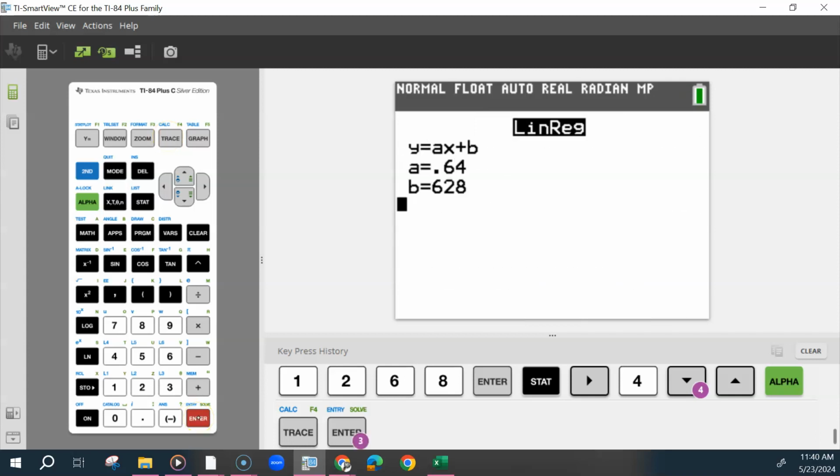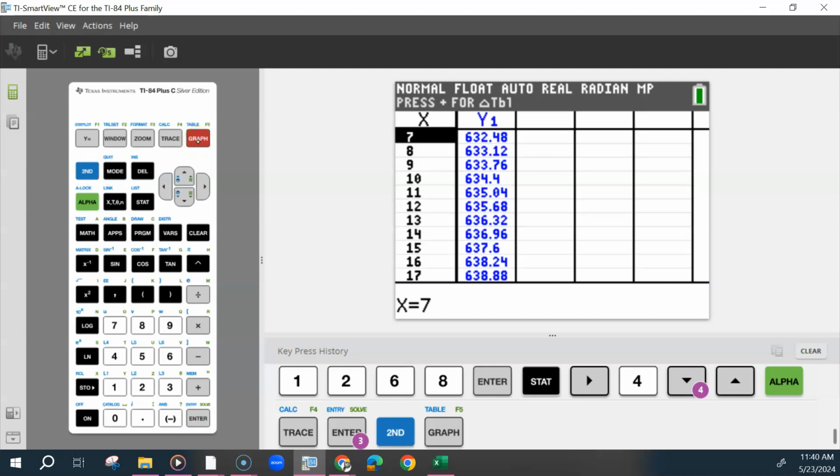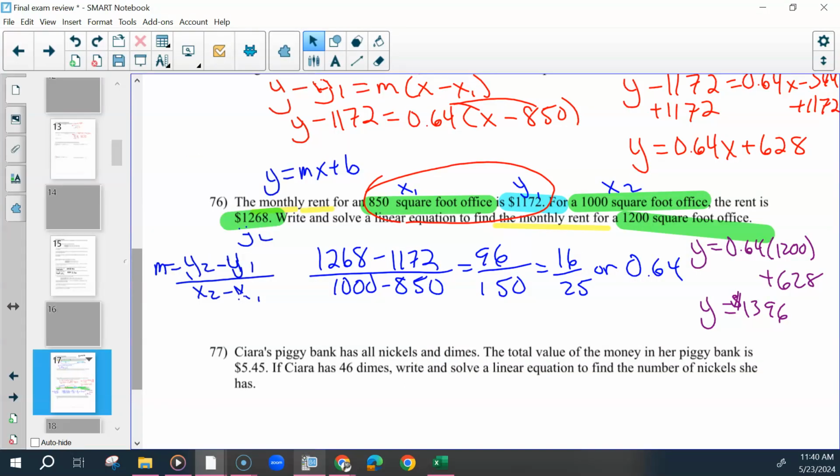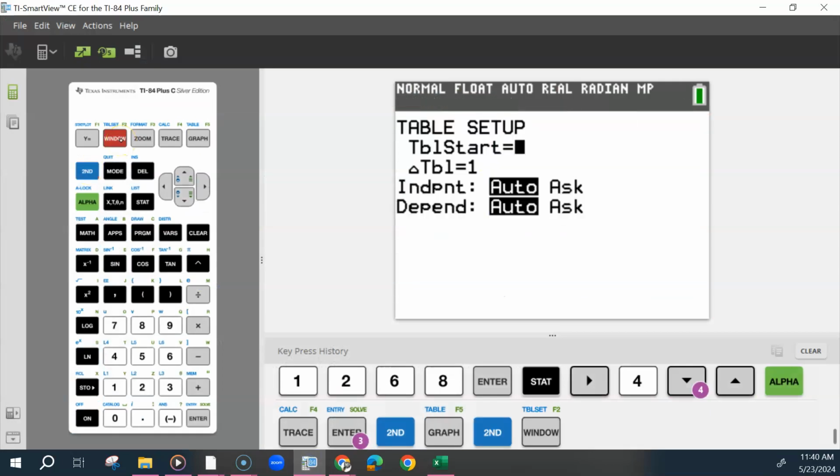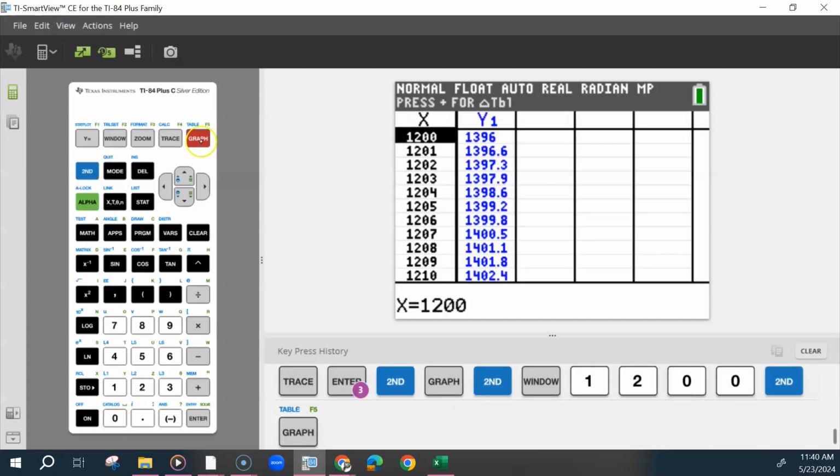Notice that we got that same equation. We just did a lot more work to find it. So you would get this equation, use your calculator, and then I could go to my table to find when x is 1200 by changing this second window to 1200. So same answers, just shorter process.